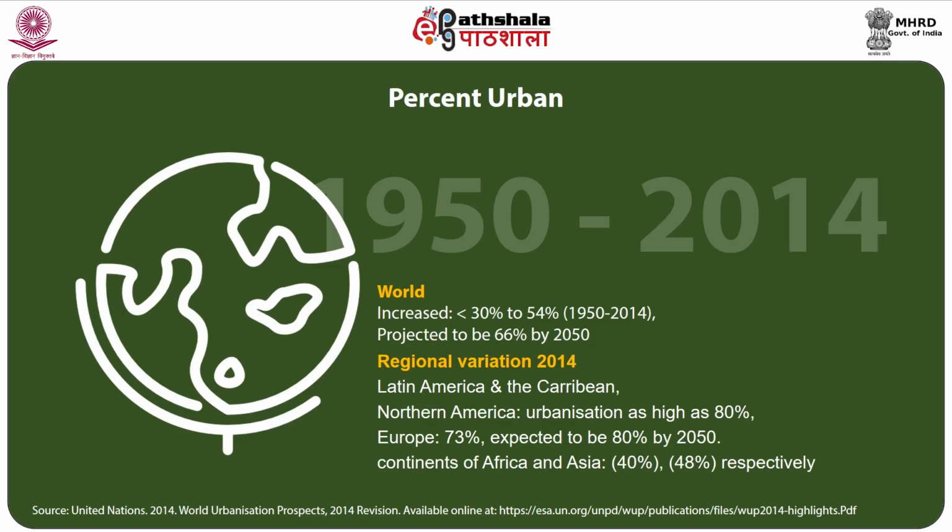The same applies to regional variations in urbanization. The data clearly shows that it is as high as 80% in Latin America and the Caribbean. In Northern America, urbanization is very high, whereas in Europe it is 73%, and it may be 80% by 2050. In Africa and Asia, which are predominantly rural, urbanization is as low as 40% and 48% respectively.